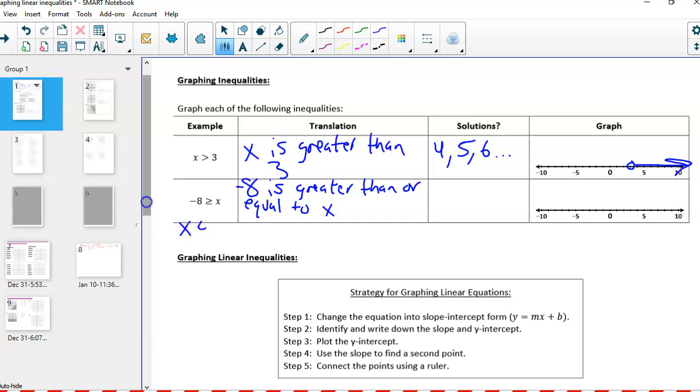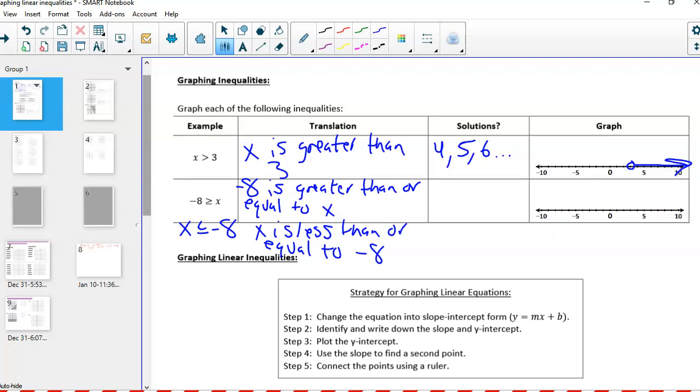So x is less than or equal to negative 8. I'm going to write that translation, but you don't need to. But it is the same thing. So what would be solutions to this? You guys can say it out loud.